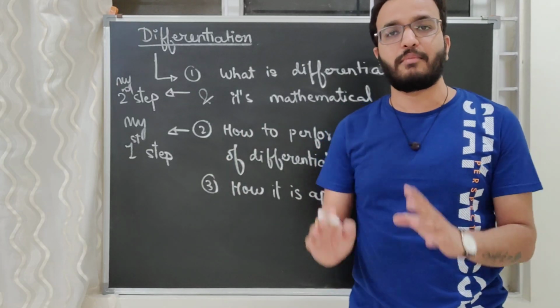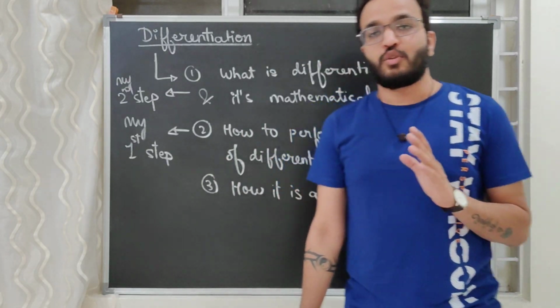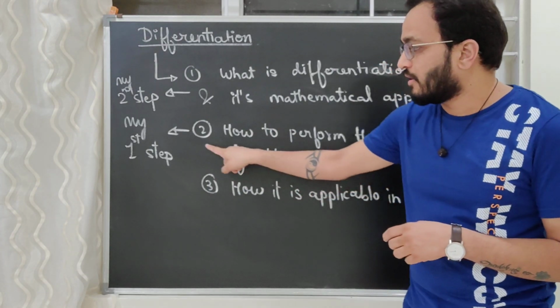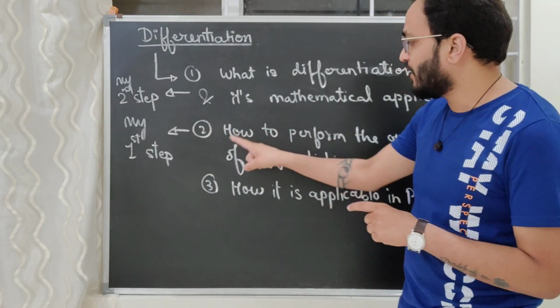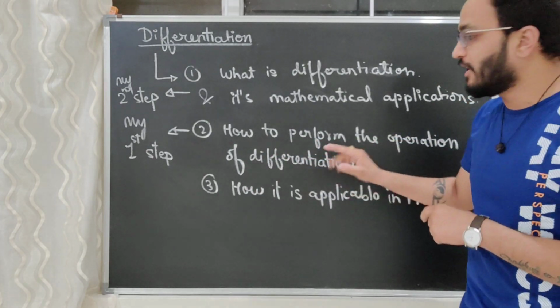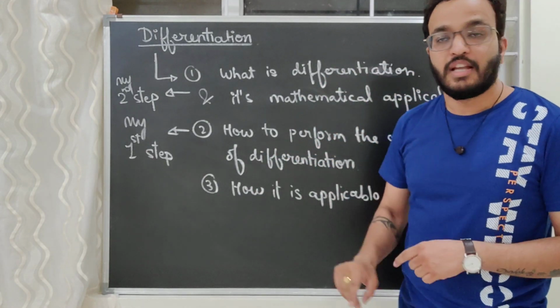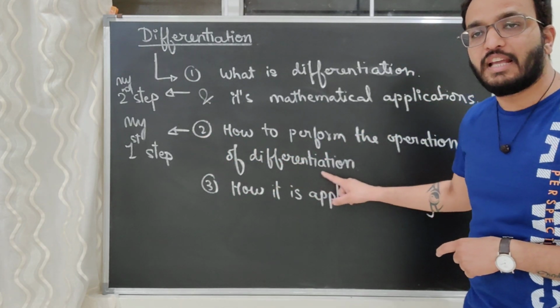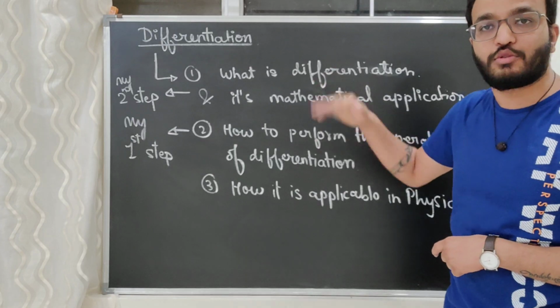There will be some doubts in the minds of many students. So the approach is simple. We will do the second step first. That means we are going to understand how to perform the operation of differentiation without knowing what it actually is. Once we know how to perform this operation, then we can easily understand what it actually is.